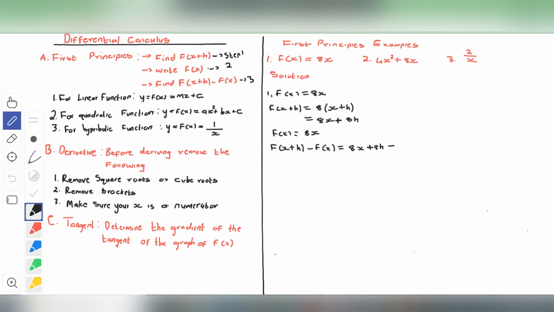Therefore minus, and after writing this minus, guys, before you can write down your f of x, always put a bracket. Therefore now you can write your f of x, and we can see that our f of x here is 8x, right? And now we're going to just simplify.